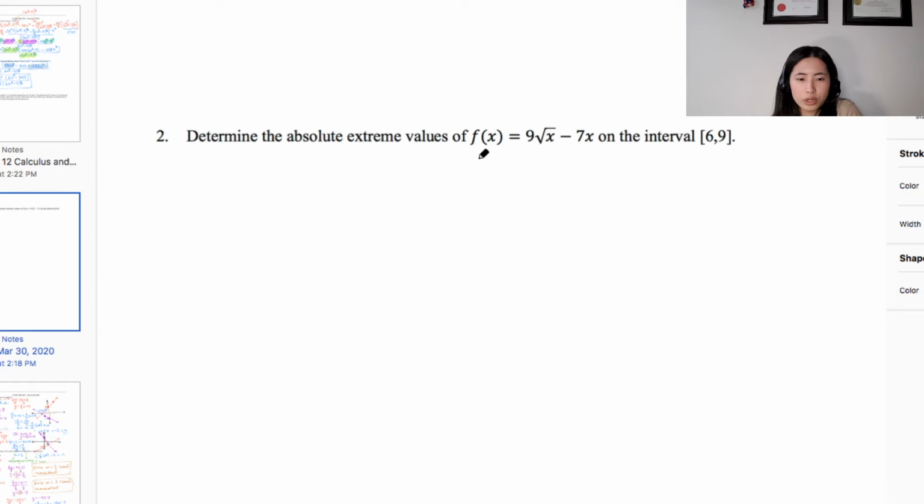So when you say local, it's only occurring at a specific neighborhood. So maybe I can quickly draw that. Okay, so let's say you have a graph and you have a function.